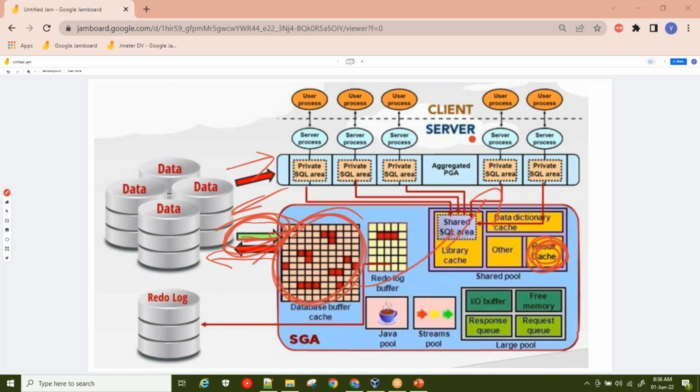This buffer cache is like a buffer memory before the real memory. Here the frequently used data are stored, and these are cleared frequently, handled by the memory management algorithm of Oracle. Whenever the database buffer cache gets full, it will remove the unwanted data.